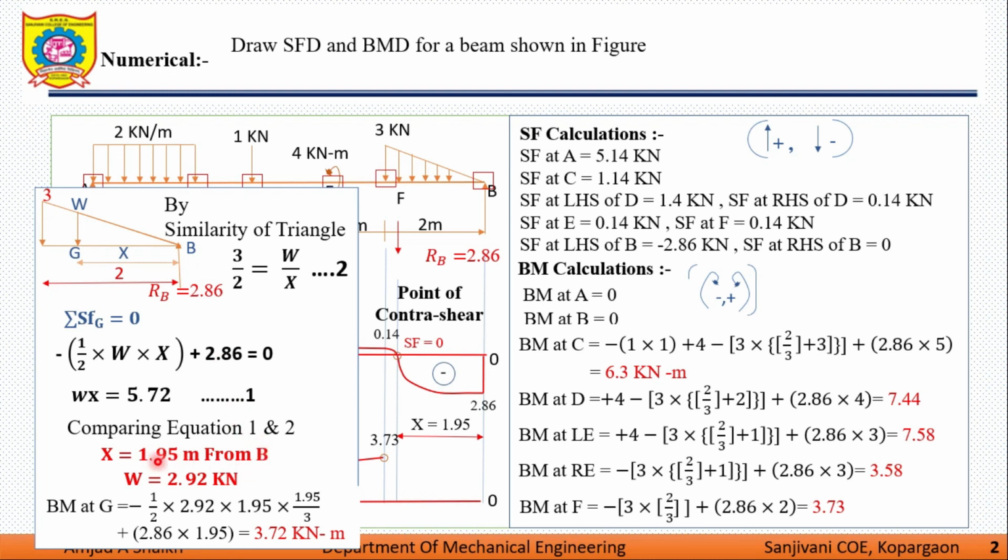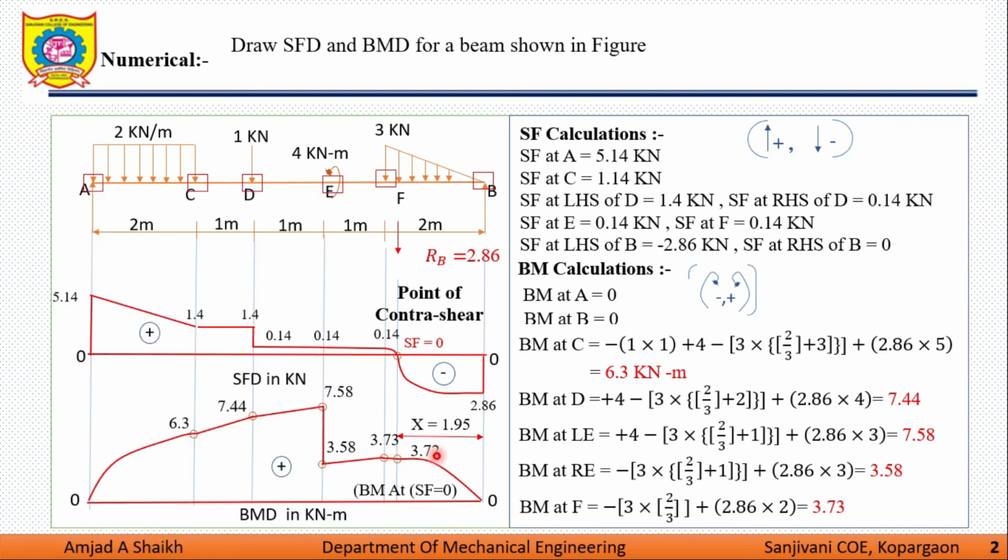X is equal to 1.95 divided by 3. This is the moment of the uniformly varying load. After that, 2.86, which is X meter away from point G. So 2.86 into 1.95, which is anti-clockwise in nature. So we get bending moment at point G as 3.72 kilonewton meter, which is positive in nature. So we are representing it over here. So here is the bending moment where shear force is equal to 0, 3.72 kilonewton meter.